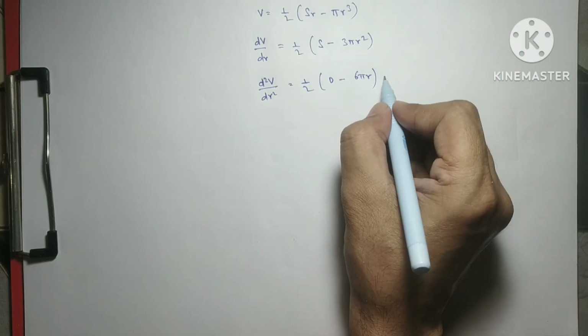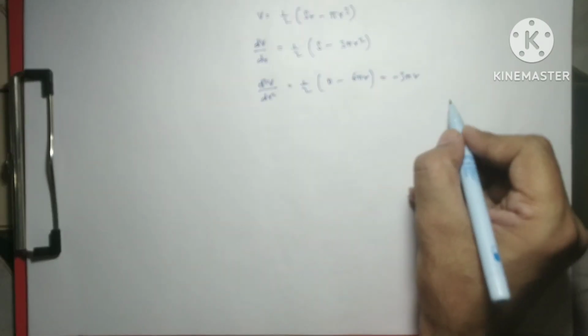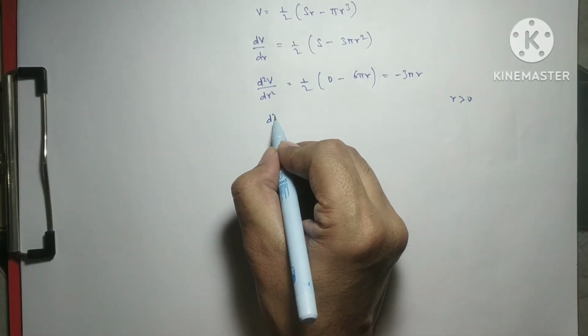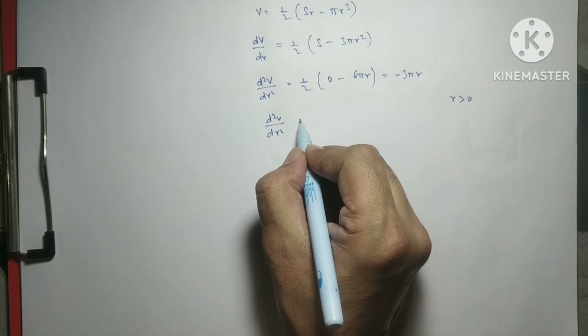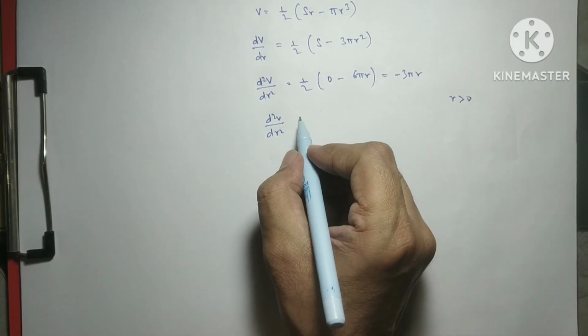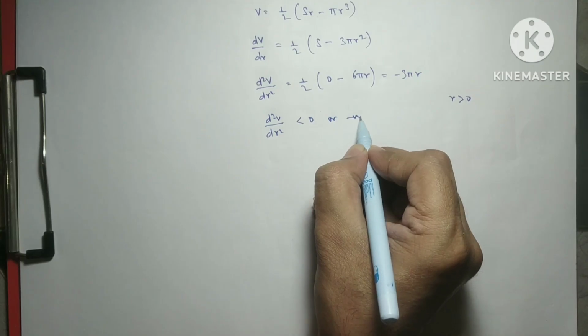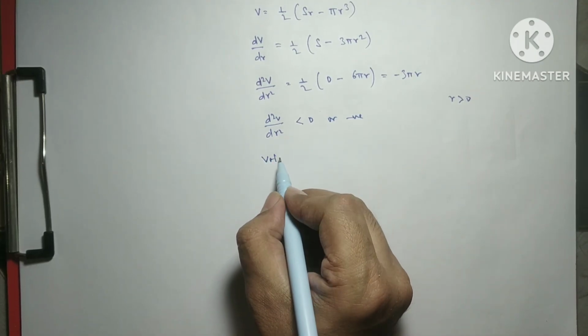So we will cancel out this minus 3 pi r, and r is greater than 0, so d2v over dr square is negative, less than 0. So it shows the volume of cylinder is greatest.